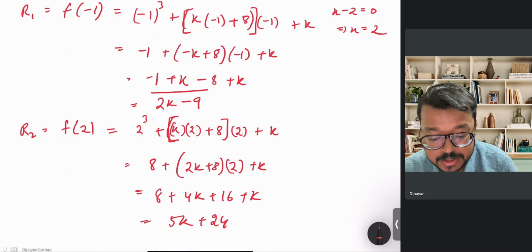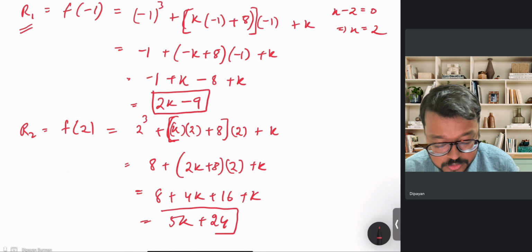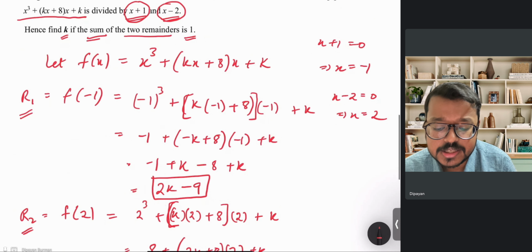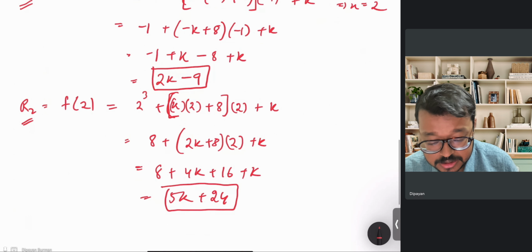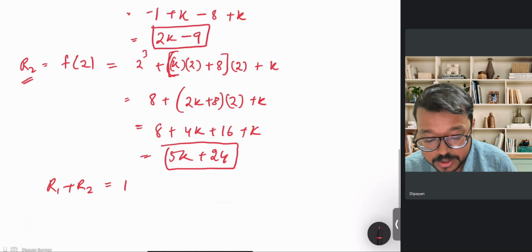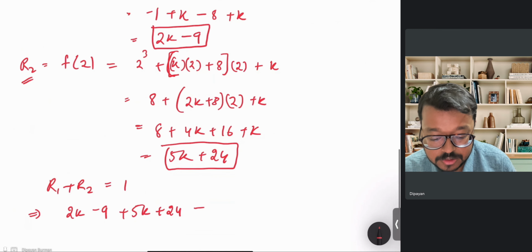So 2k minus 9 is the first remainder, 5k plus 24 is the second remainder, and according to the question, the sum of the two remainders is 1. So I can say that r1 plus r2 should be equal to 1. So that means 2k minus 9 plus 5k plus 24 is equal to 1.